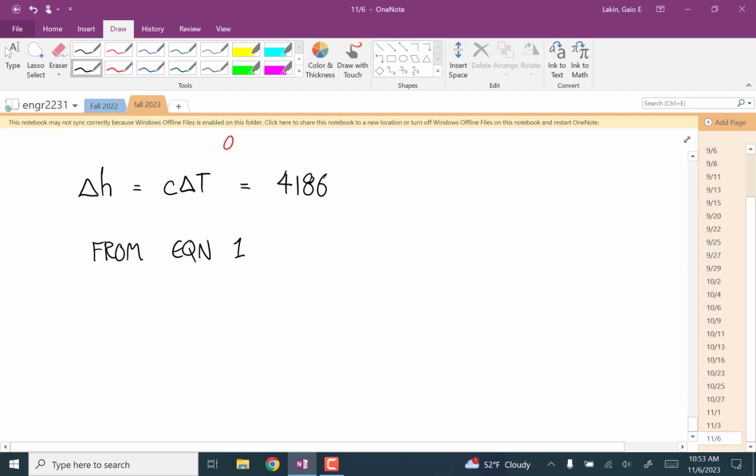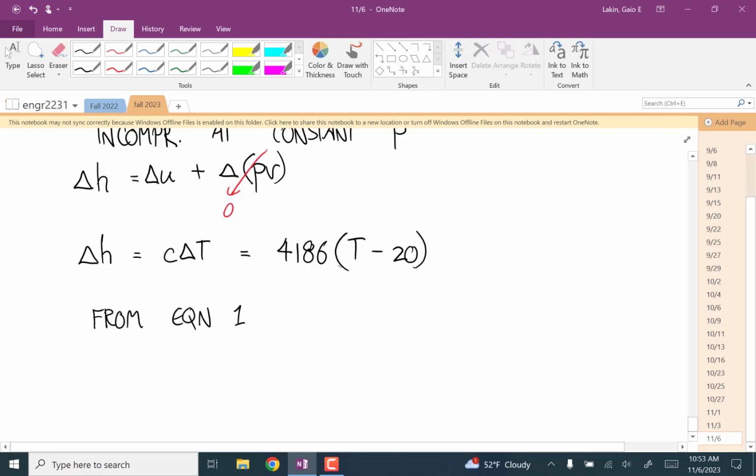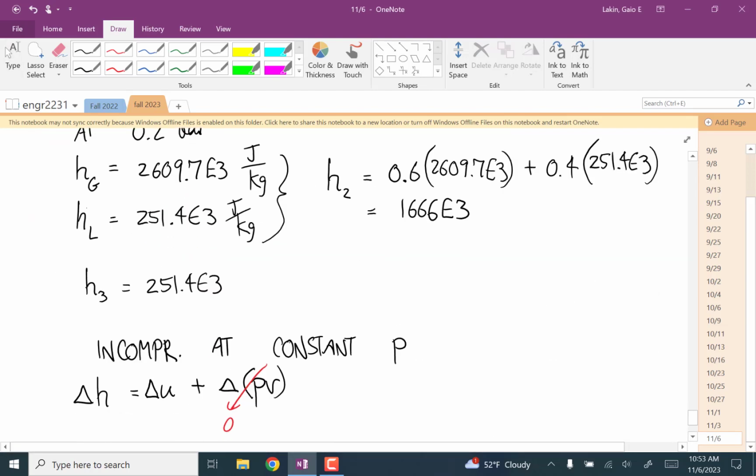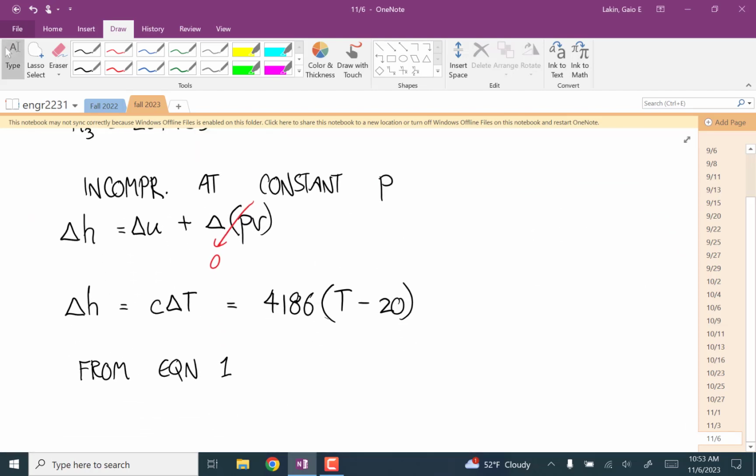We know the change in temperature is the final temperature minus the initial temperature that they gave us, 20 degrees Celsius.